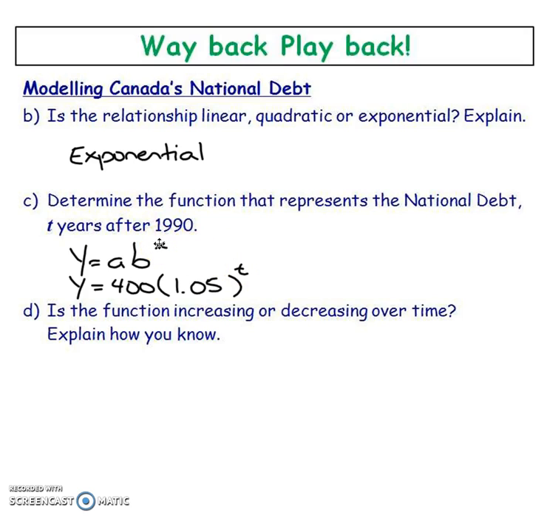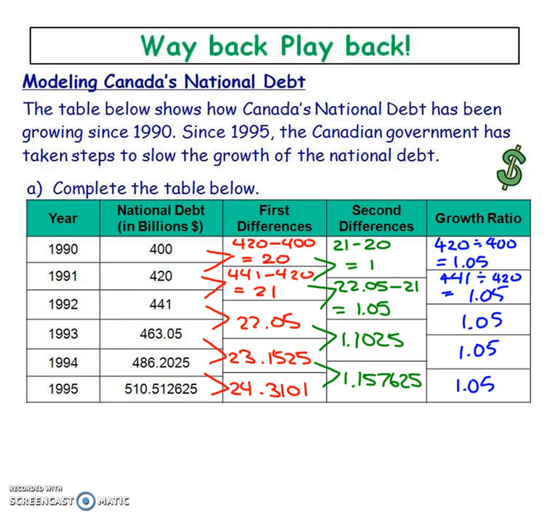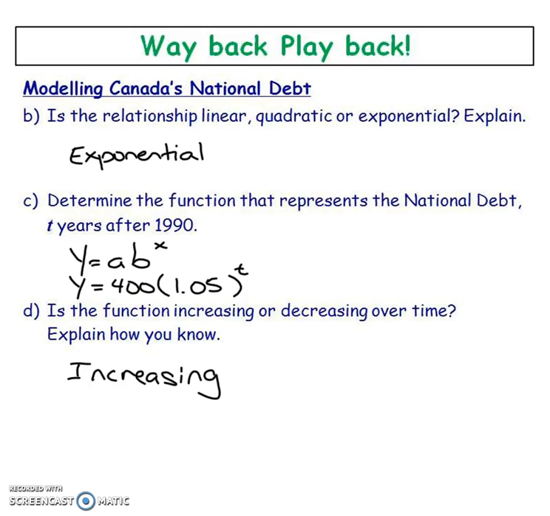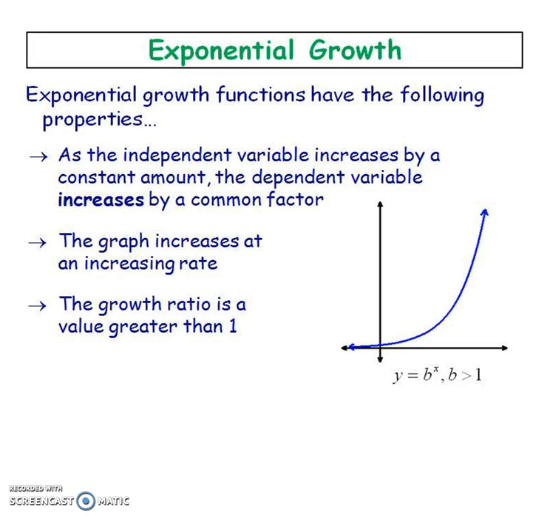And is the function increasing or decreasing over time? When we look back, all the numbers are growing, so your debt is obviously increasing. So there we go. Now getting into that review again, this is what an exponential function that represents growth normally looks like. That is where your base is higher than 1.